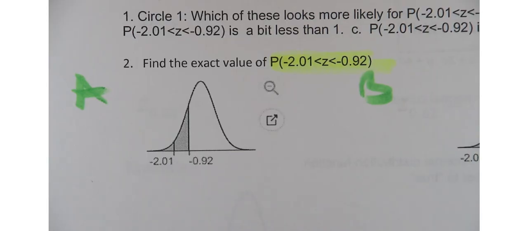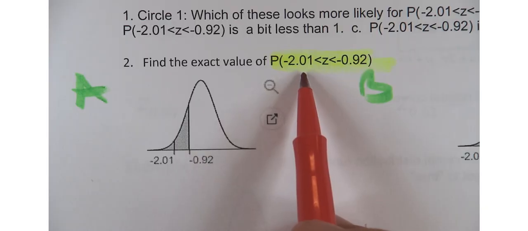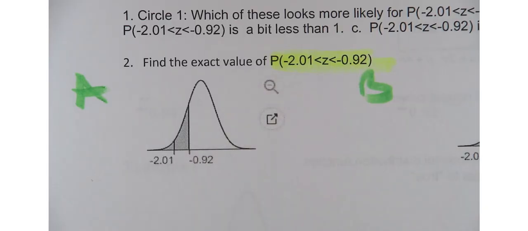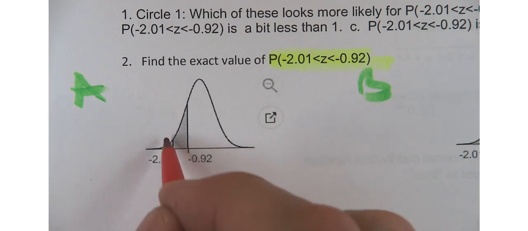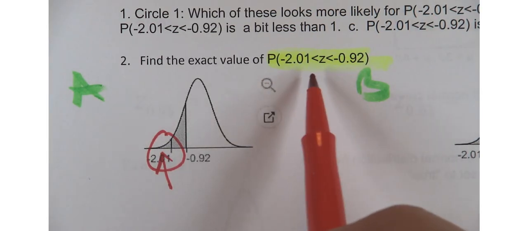How come this isn't the probability or the area between negative 2.01 and negative 0.92? It's actually shaded to the left of negative 2.01. I didn't ask for that part. The problem is asking for just the area between negative 2.01 and negative 0.92.